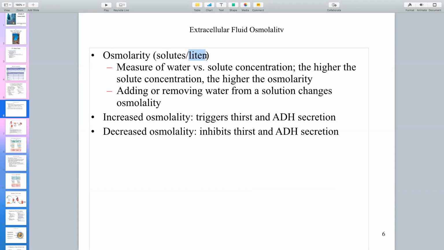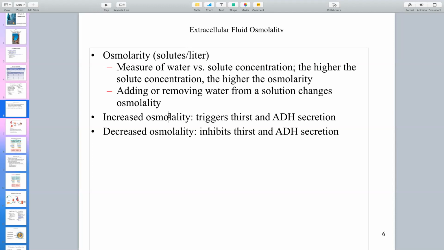So instead of 1 liter, now it becomes 2 liters on the bottom. If we don't change the solutes, it becomes less in terms of osmolarity, diluting it. So adding water dilutes it, and removing water makes it more concentrated.